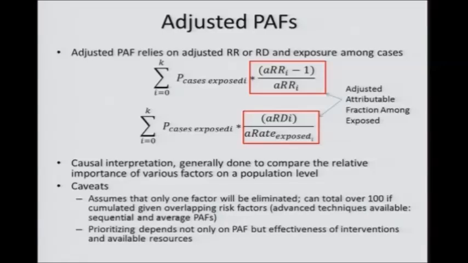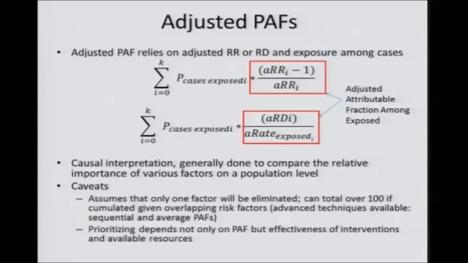So there's a causal interpretation here, and it's generally done to compare the relative importance of various factors on a population. There's some caveats: it assumes that only one factor will be eliminated, so it can total over 100 if you're accumulating over multiple risk factors, because there is overlap.